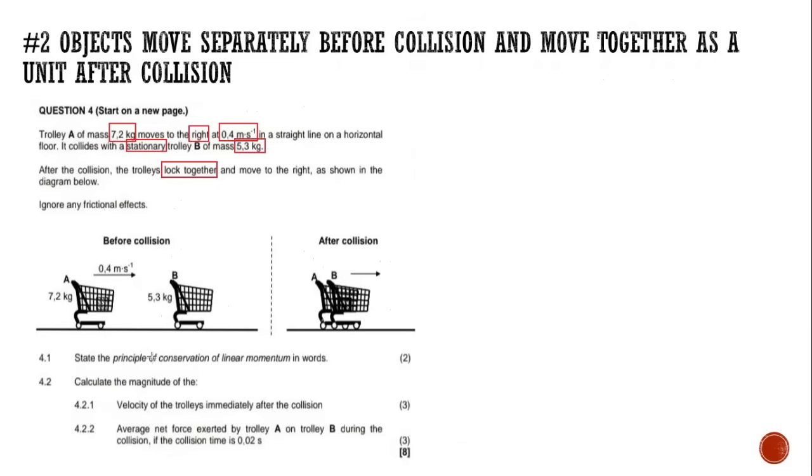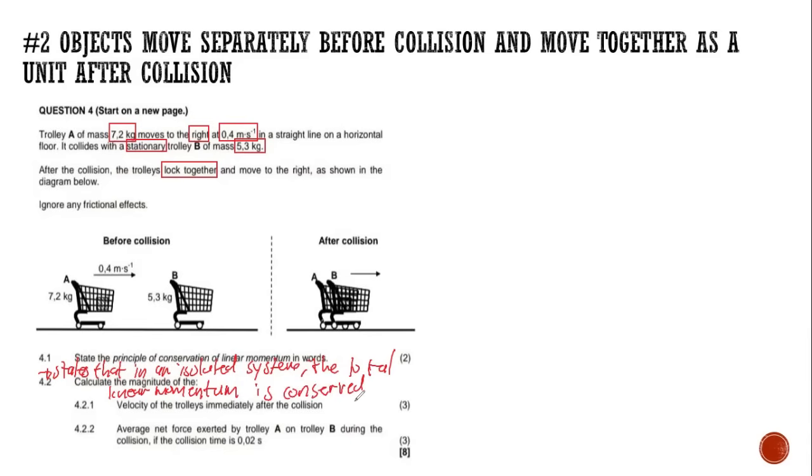Now 4.1 says, state the principle of conservation of linear momentum in words. As we saw with the definitions, the terminology, we already know the principle of conservation of linear momentum states that in an isolated system, the total linear momentum is conserved, right?